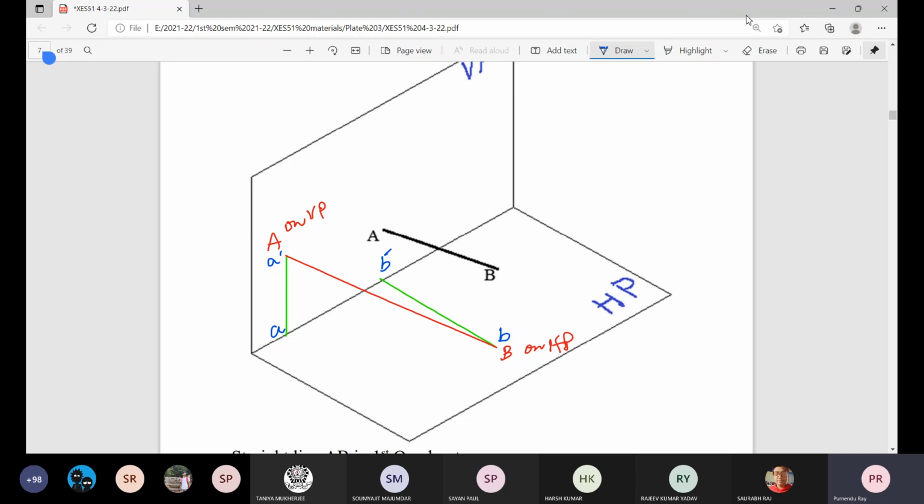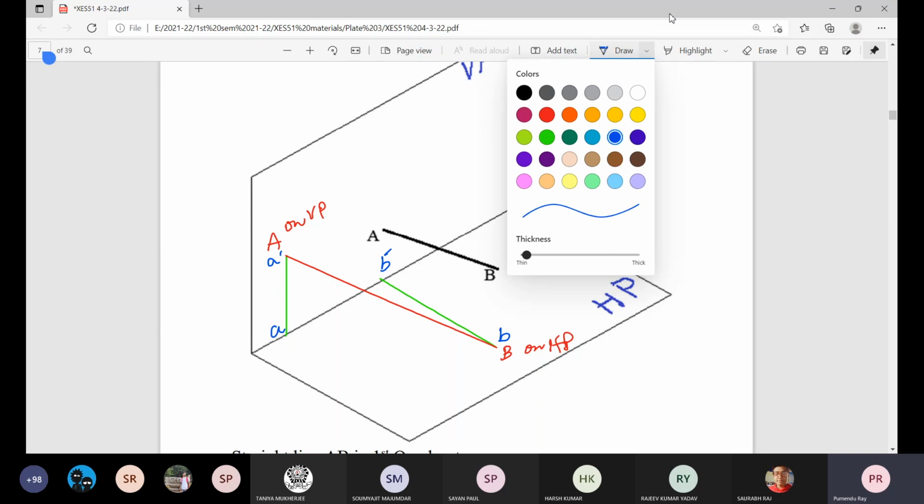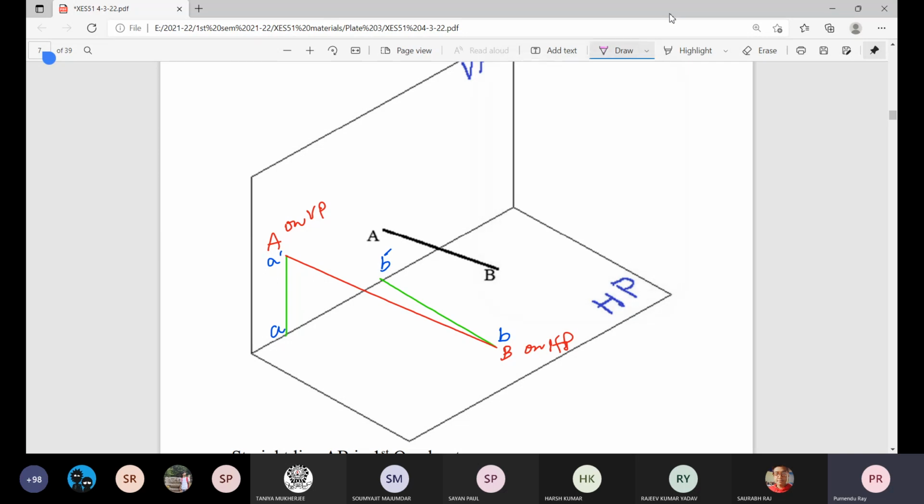And the next part is very simple. You join elevation points A and B, and plan points A and B, to get the elevation and plan. This is elevation and this is plan.